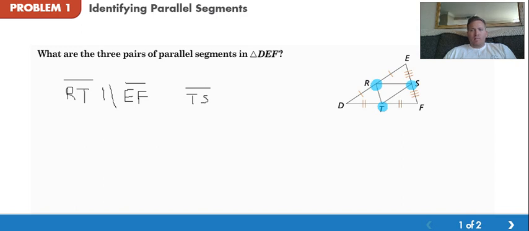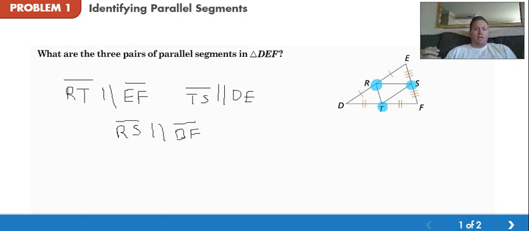Which one would that be parallel with? Well, the one right across from it, which is DE. And then the last one is RS. RS is going to be parallel to that DF right there. Okay. And so we are able to find parallel segments, but we can also start solving problems.